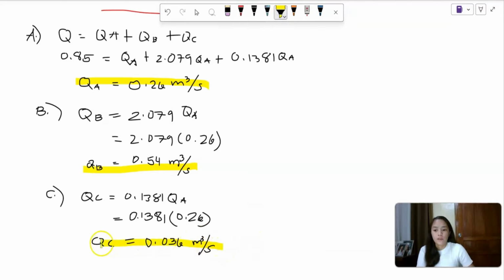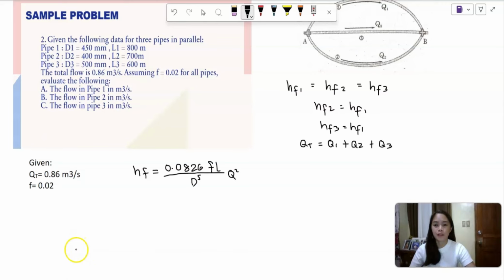And now, let's move on to the second example. Given the following data for three pipes in parallel: pipe 1, its diameter is 450 millimeter and length is 800 meter. Pipe 2, diameter is 400 millimeter and its length is 700 meter.